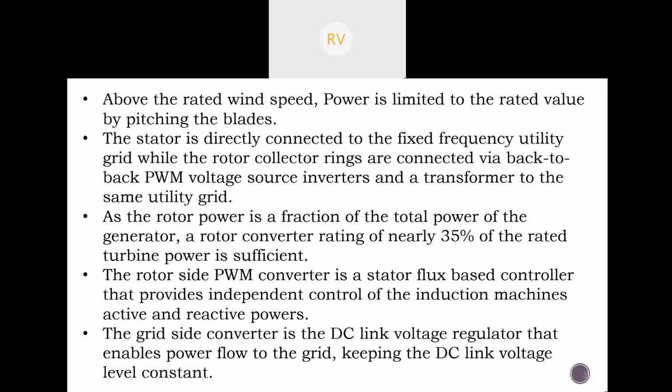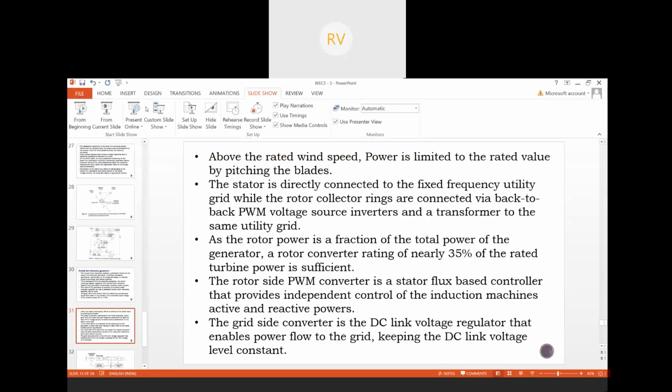As the rotor power is a fraction of the total power of the generator, a rotor converter rating of nearly 35% of the rated turbine power is sufficient. So the rotor power is just a fraction of the total power.